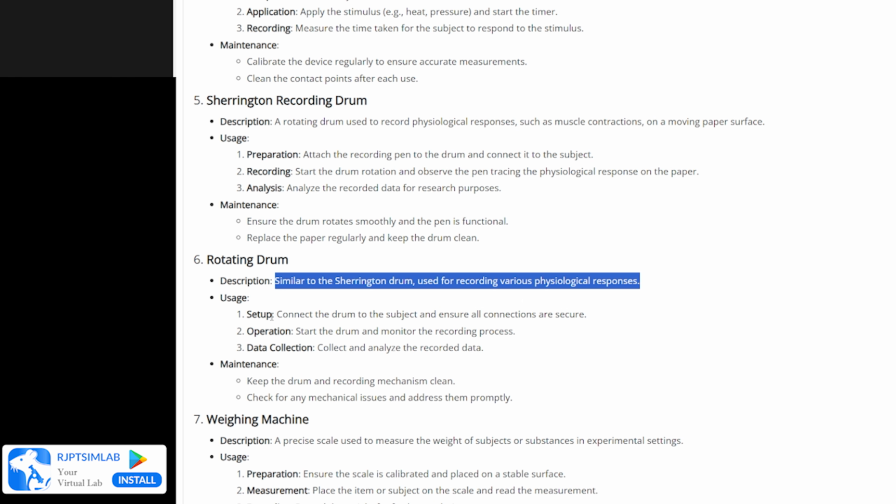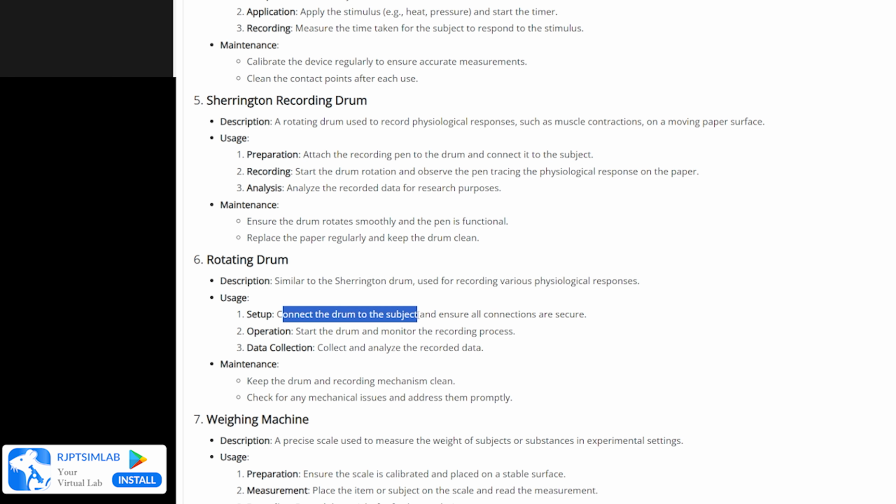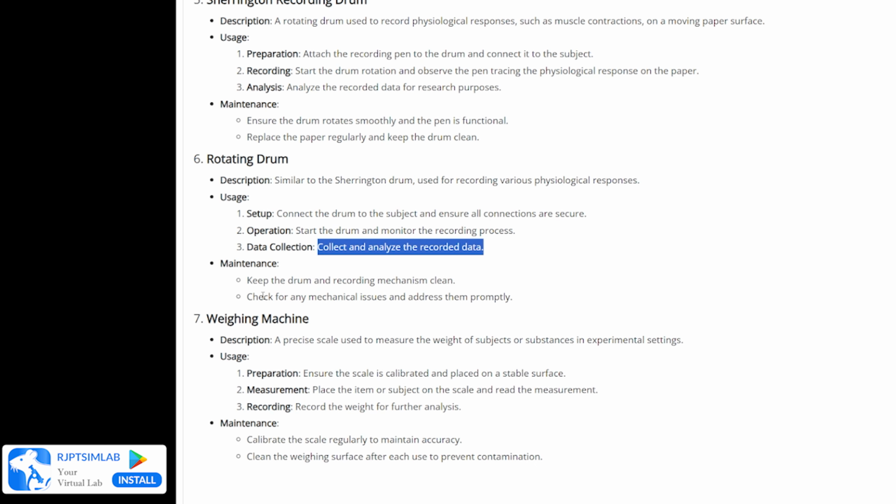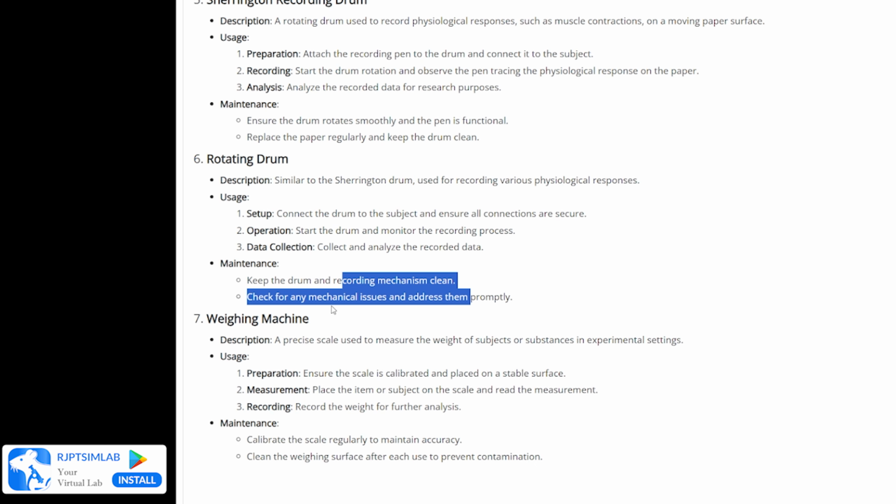The usage is also similar, in which we connect the drum to the subject and ensure all the connections are secure. Then we start the drum and monitor the recording process. Then data collection is done, in which we collect and analyze the recorded data. For maintenance, we keep the drum and the recording mechanism clean, and any mechanical issue is checked and addressed promptly.